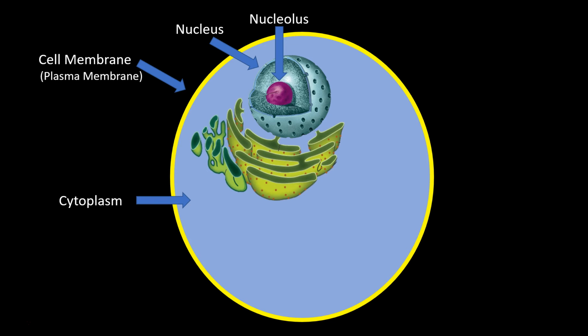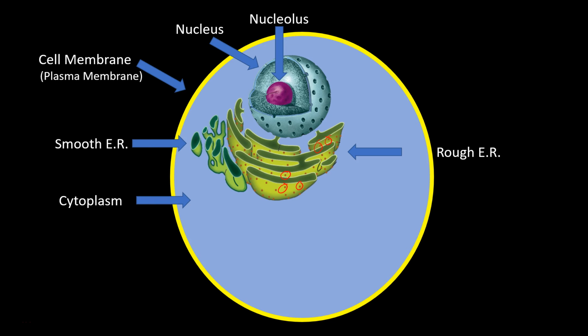Next, we have the rough ER. The rough ER is a continuation of the nucleus, and it is studded with ribosomes to give it that rough appearance. What it does is it makes proteins. Next, we have the smooth ER, which is also connected to the rough ER. It does not have ribosomes, so it has that smooth appearance.